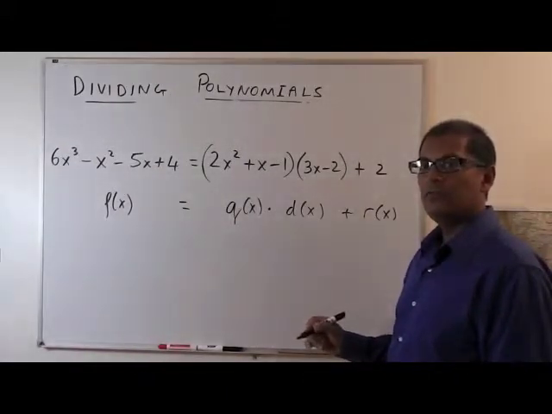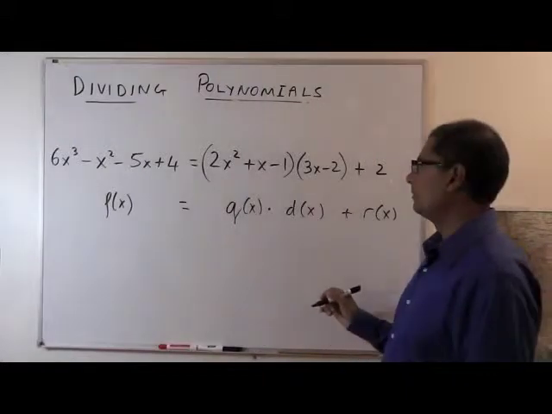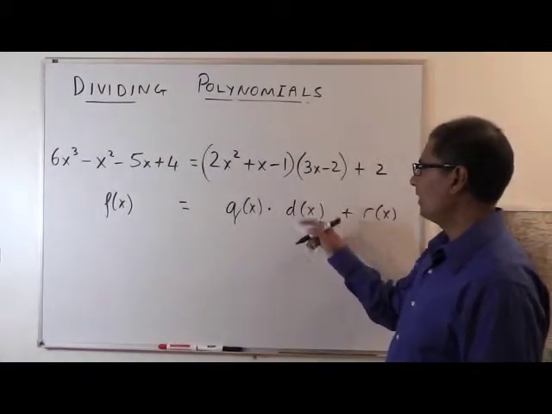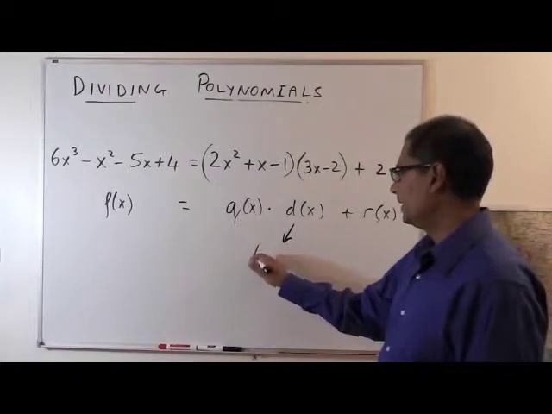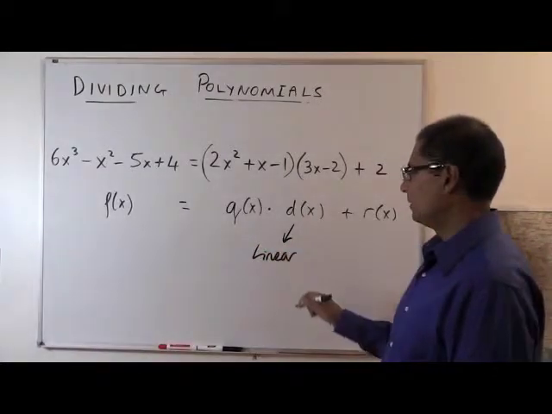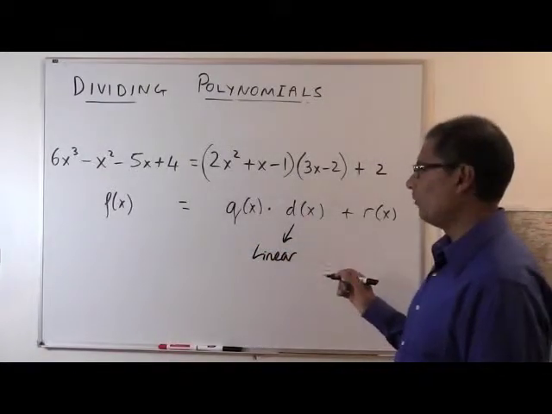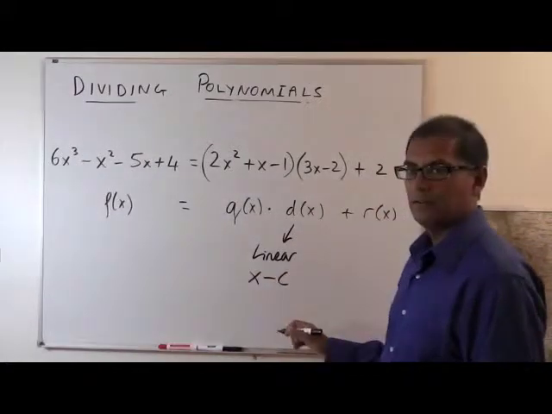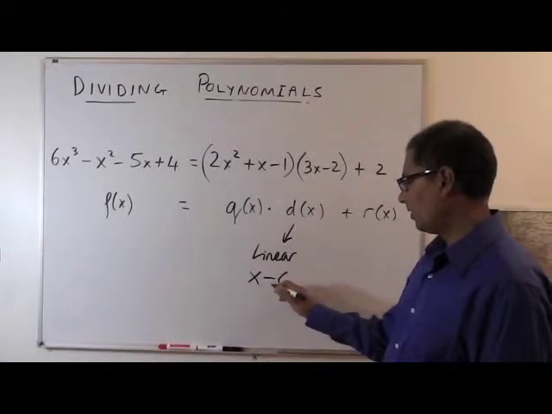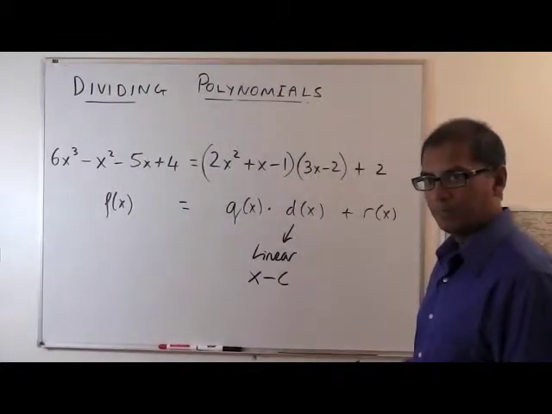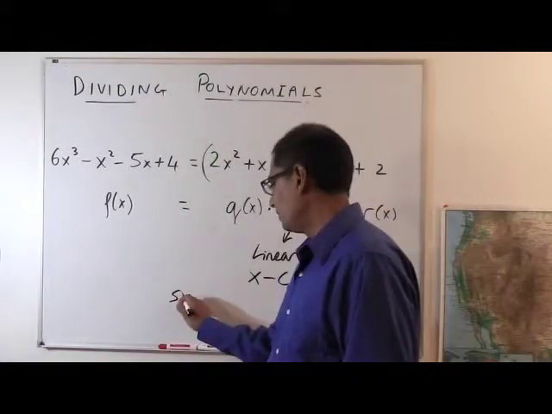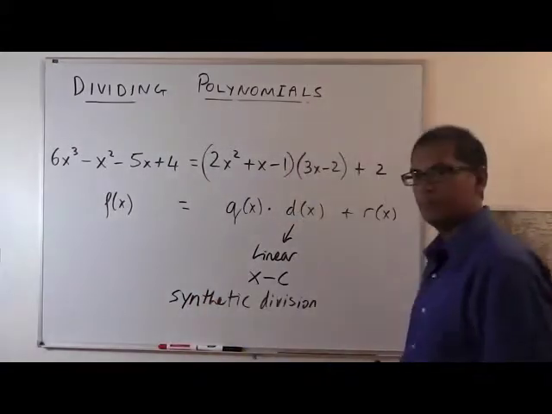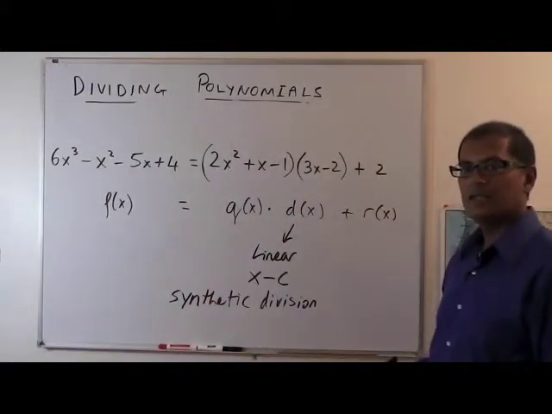So we're going to see an easier method to divide polynomials if your divisor is linear, and more specifically, if it has the form x minus c. If it has this form, c is a constant, x is just a variable x, we can use what's called synthetic division. So let's see how synthetic division works.